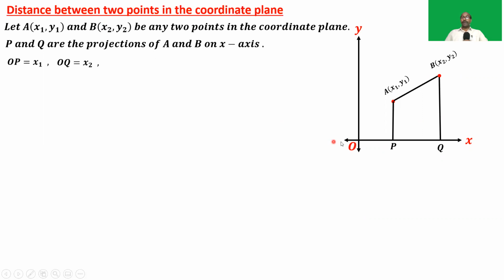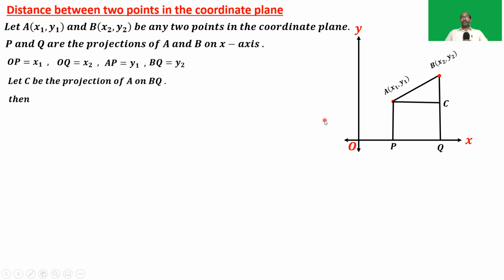And similarly, OQ is x2, BQ is y2. Okay. Now, draw a perpendicular from A to BQ and let C be the projection of A on BQ.